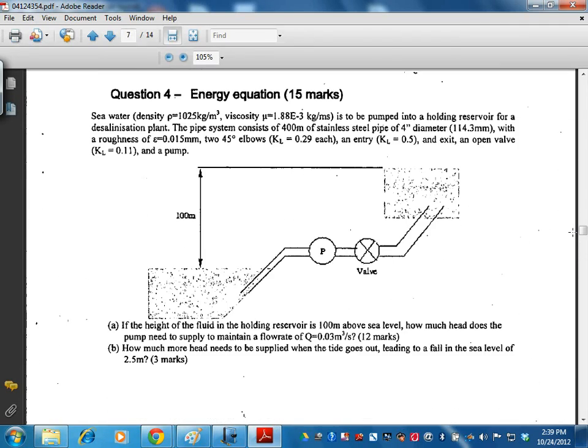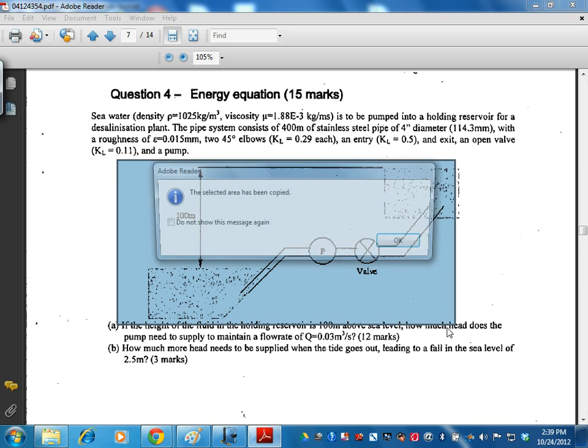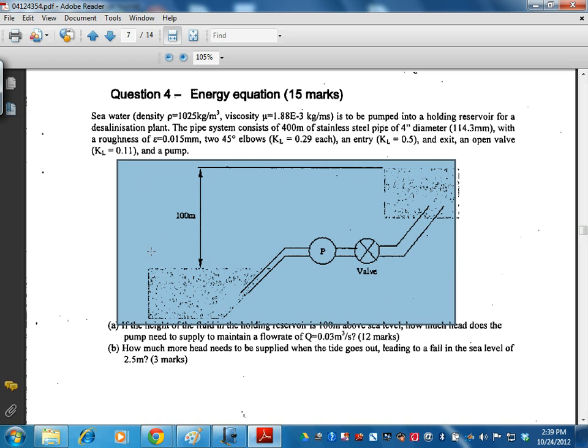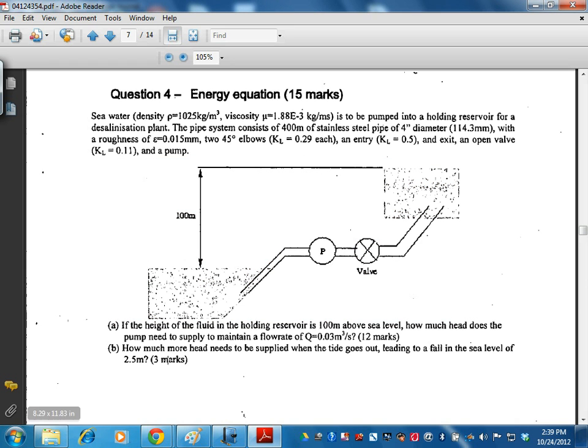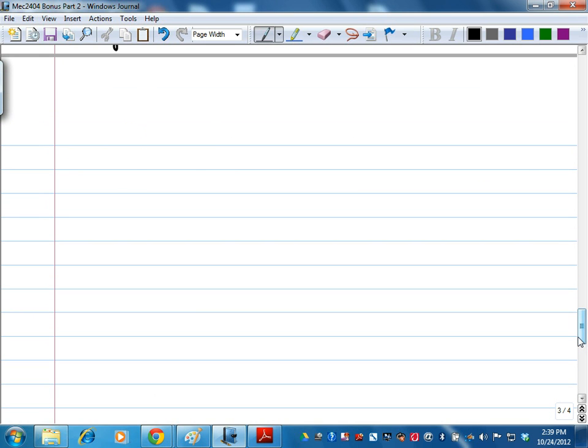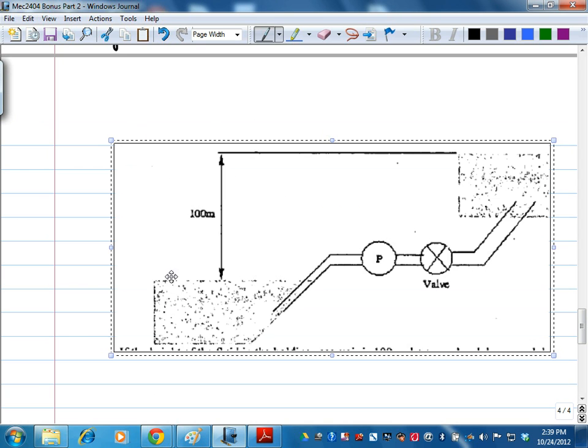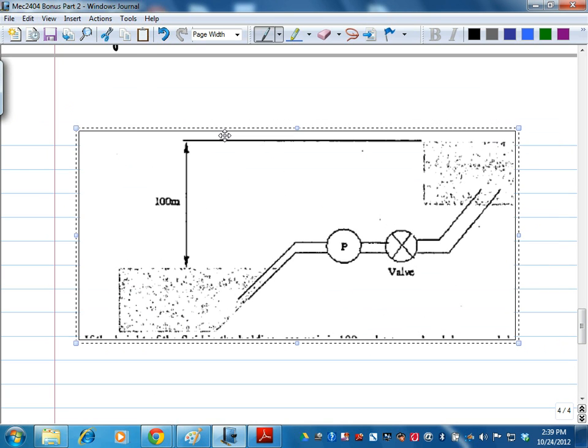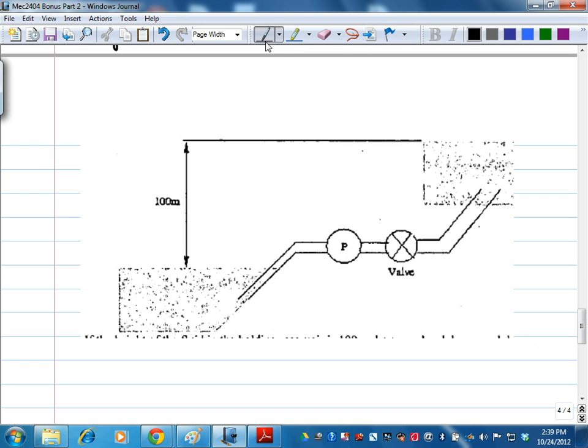Now we're doing this one, question 4. I think they said the length of pipe is 400 meters.